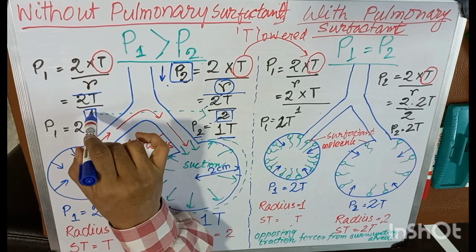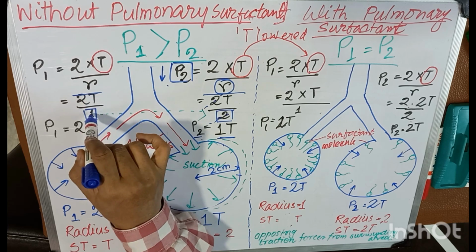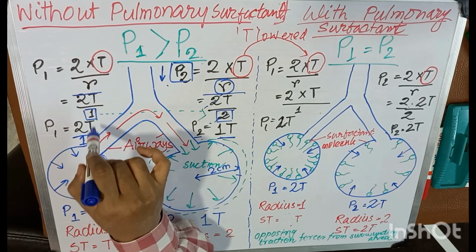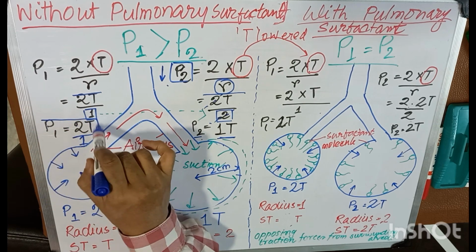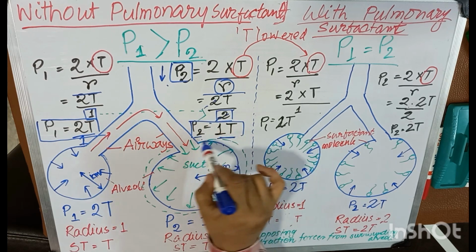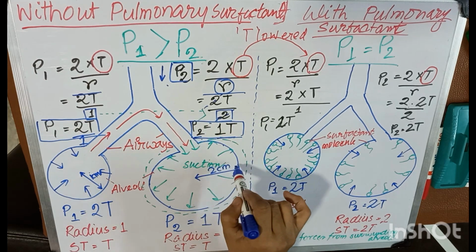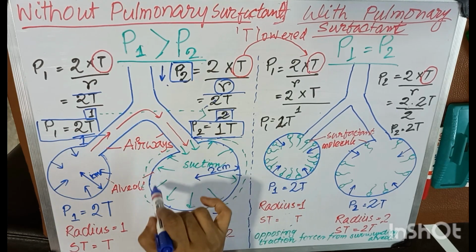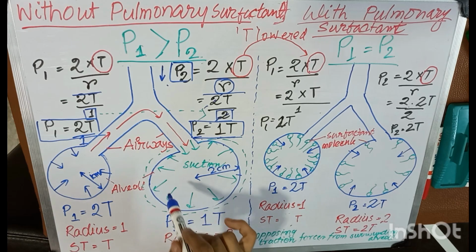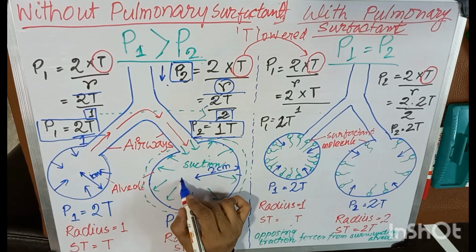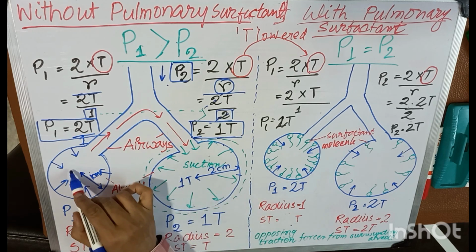Here the radius was 1 centimeter, so 2T by 1 centimeter, the pressure was 2T, and now the pressure is 1T. So by an increase in volume, the alveolar pressure has decreased. This alveolus now has lesser pressure: one has a pressure of 1T and the other has a pressure of 2T.